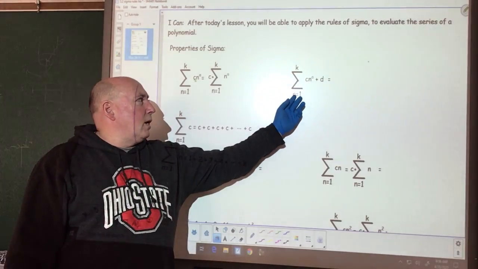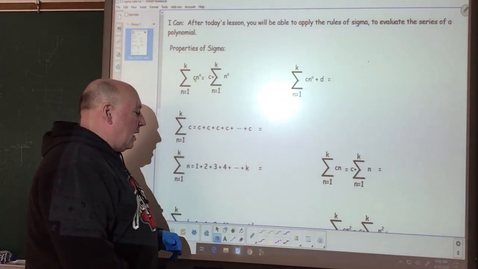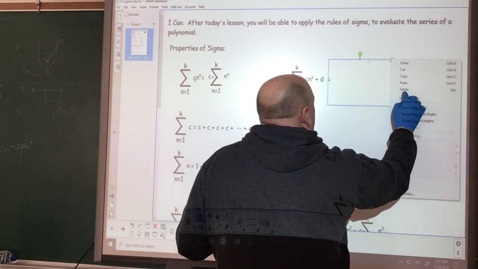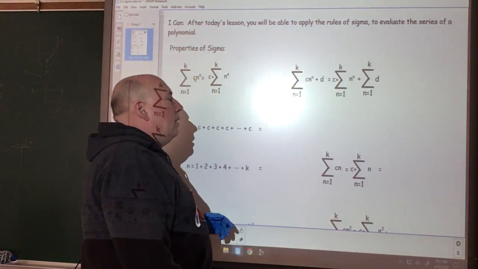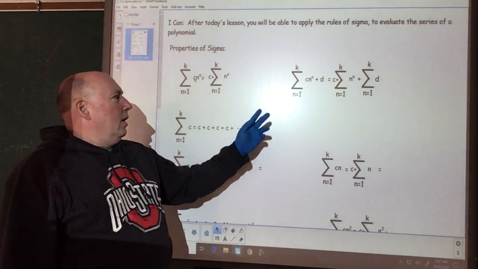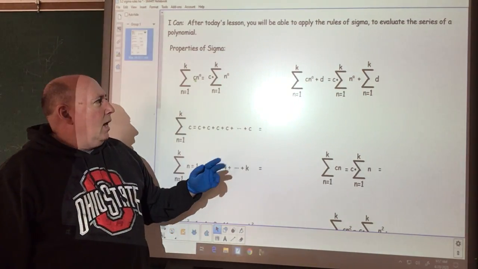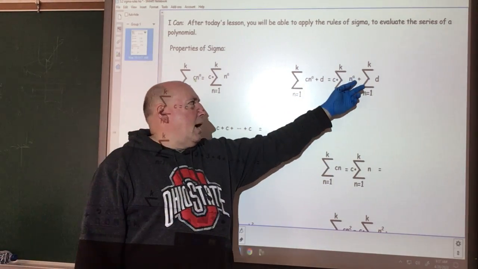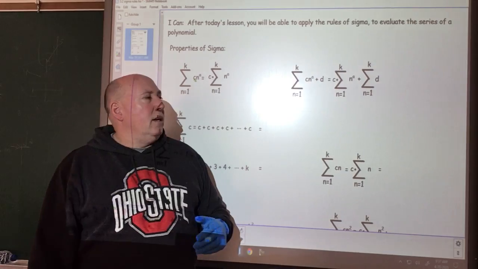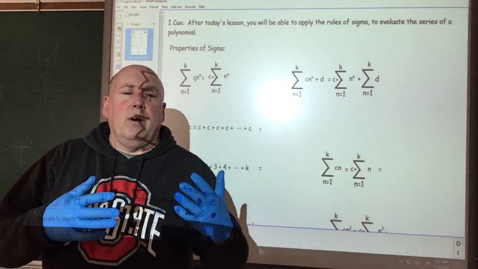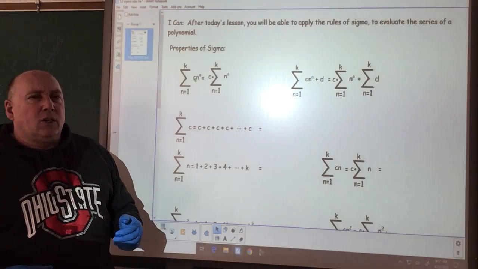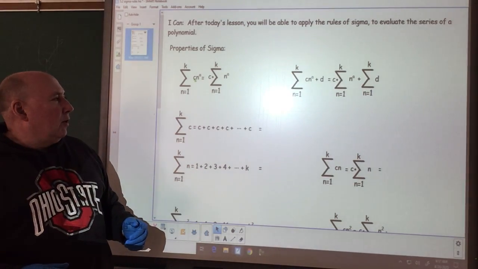And likewise, if I go from n to k, and I'm trying to find values here, and these are all properties of sigma, I could go my constant times n to the a power plus my sigma of d. So I can break these apart into different little increments, and this will be useful when we utilize our properties here in regards to sigma.